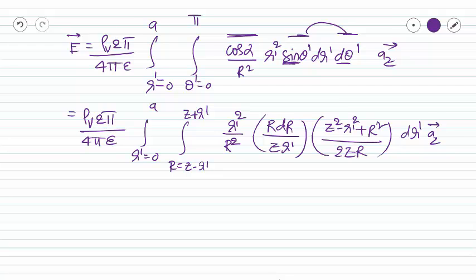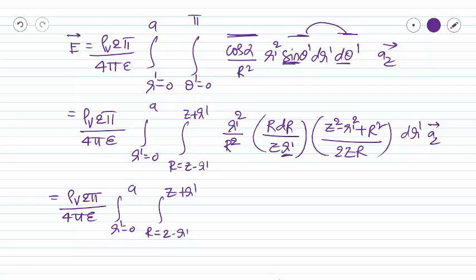Now if you see here, what I get is rho v 2 pi by 4 pi epsilon, r' equal to 0 to a, capital R equal to z minus r' to z plus r'. Now there is one r' here, there is a square here, so one gets cancelled. Similarly there is capital R here, and also capital R here, these two get cancelled. So what I am left with is r' divided by 2z square R square.